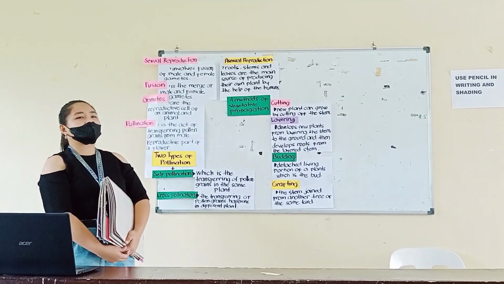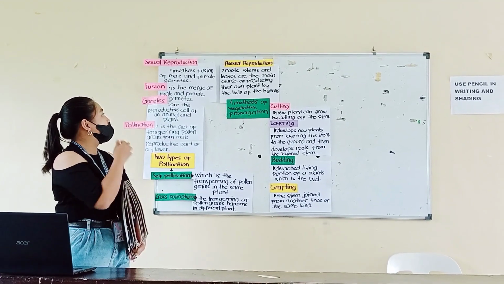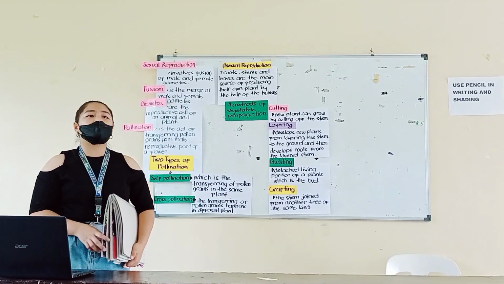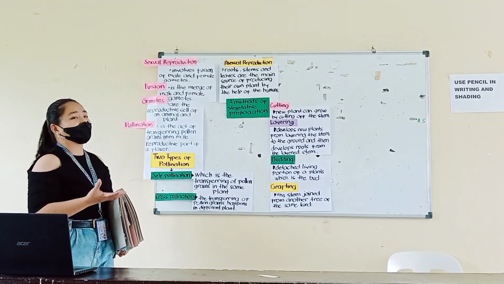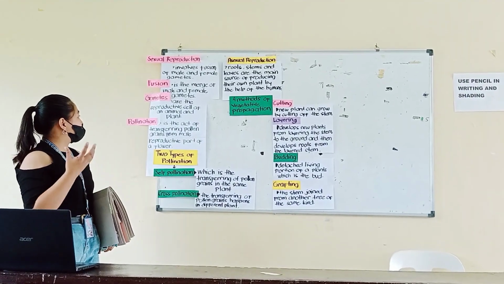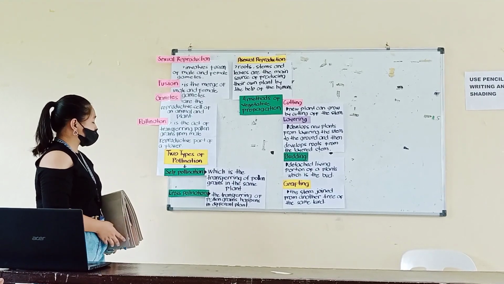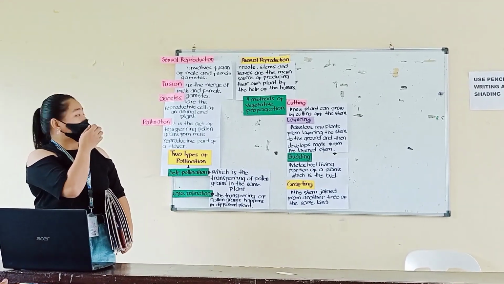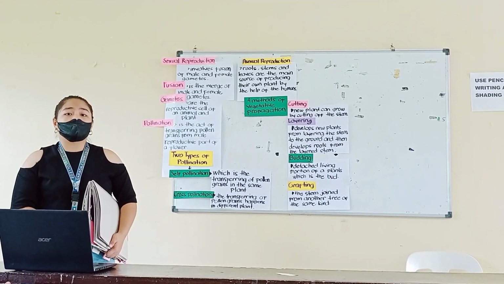Okay, when we say sexual reproduction, it involves the fusion of male and female gametes. So what is this fusion? Fusion is the merging of male and female gametes. Gametes are the reproductive cells of an animal and plant. In sexual reproduction, pollination takes place.